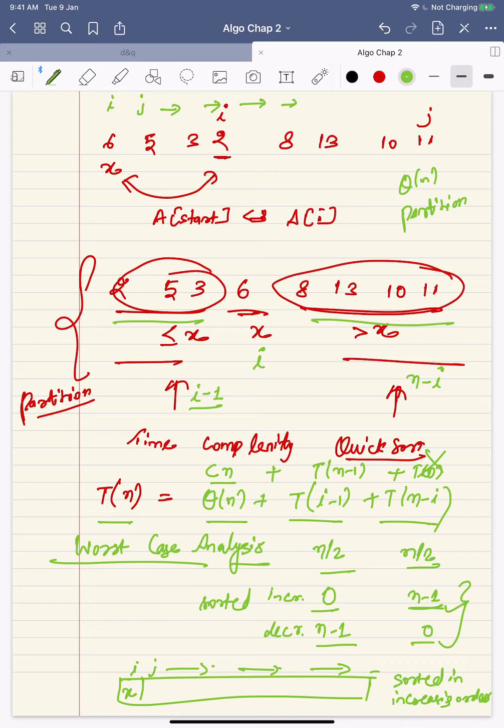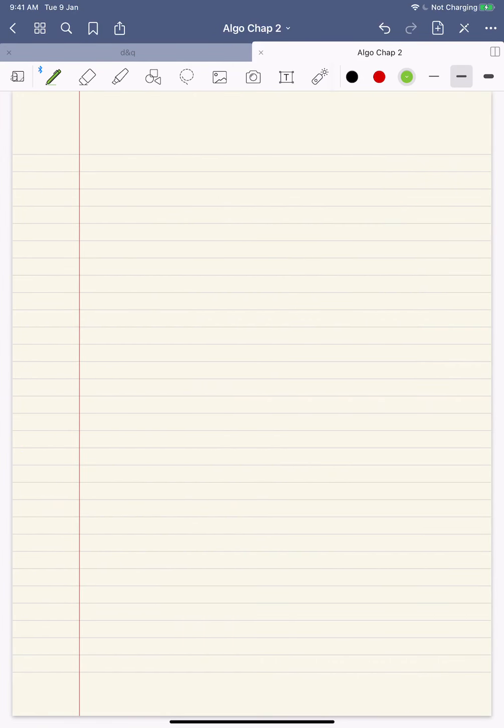Now let's see. So Tn is Cn plus T of n minus 1. Continue: T of n minus 2 plus C times n minus 1.